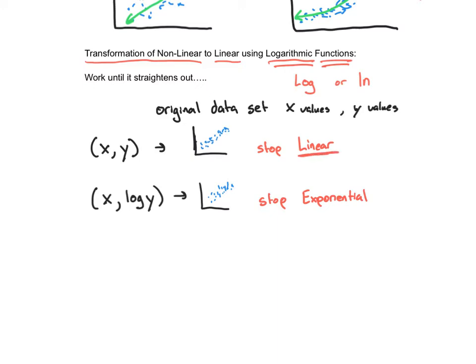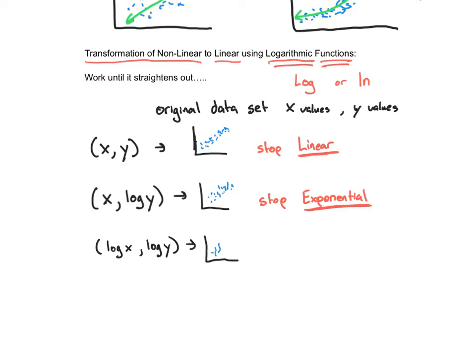So if you don't have to do anything to the x and y, it's linear if it looks linear. If you have to log all the y values and then replot them and it looks linear, then that means the original was exponential. And then we have another way, we're going to work until it straightens out. We could log the x's and log the y's, and then we'll see if that straightens it out.